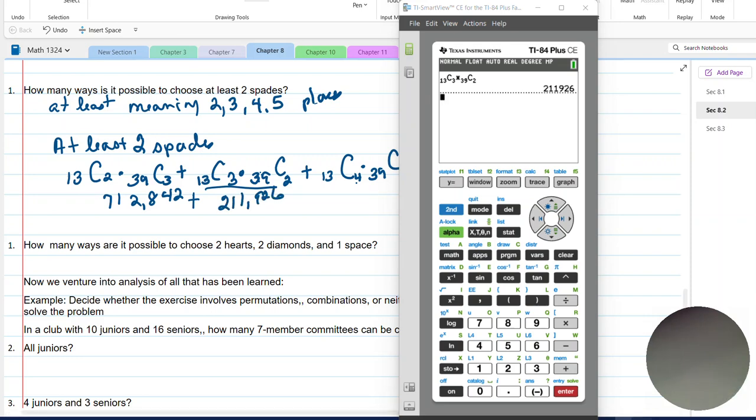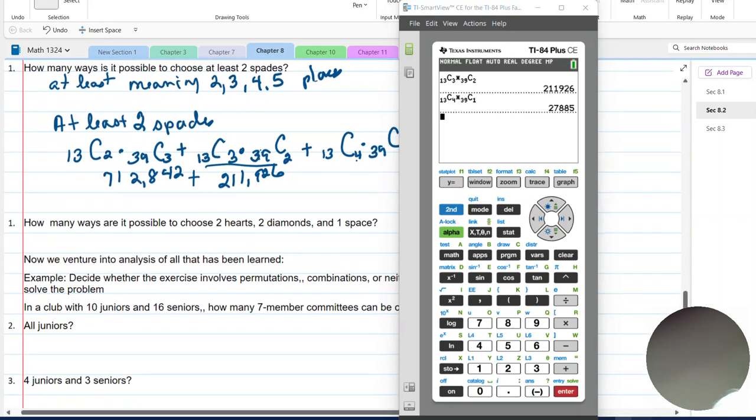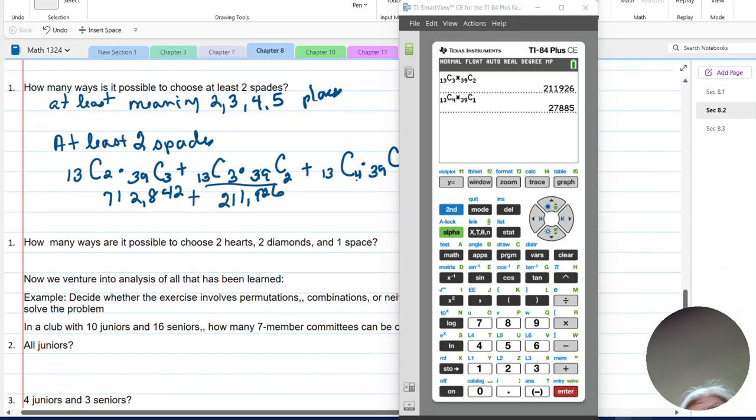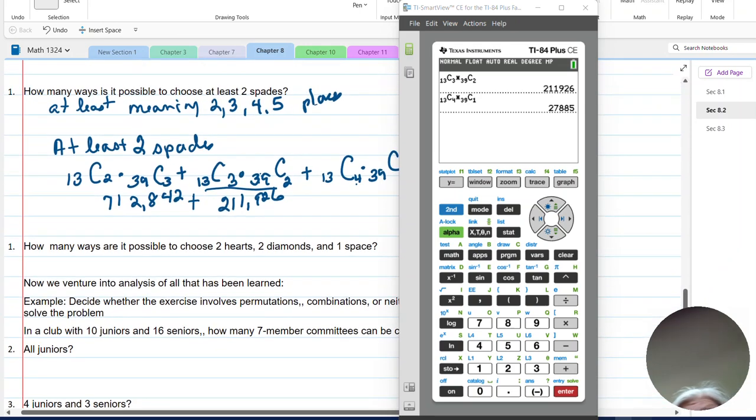Great. All right, so I'm going to do second entry. I'm going to change the 3 to a 4, and change the 39 choose 2 to a 1. And I got it. And I'm going to get 27,885.